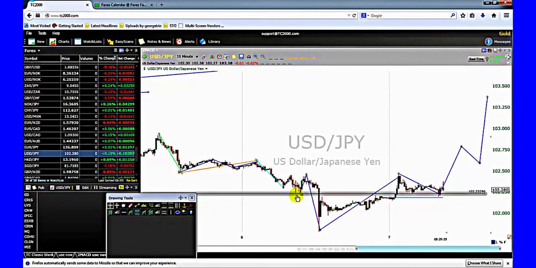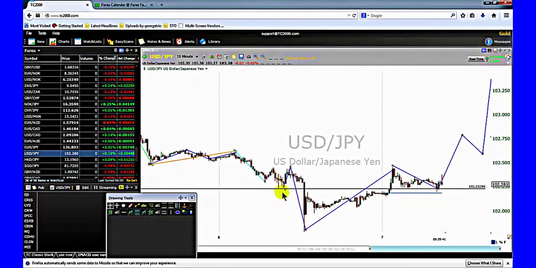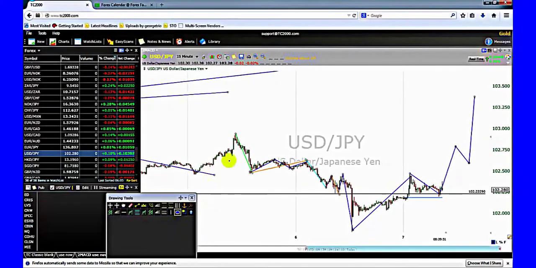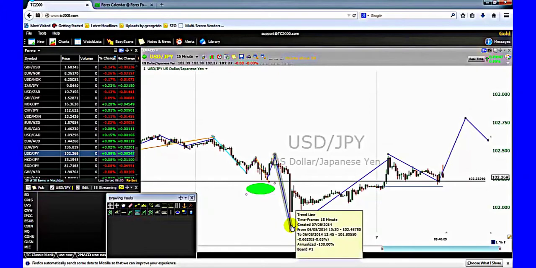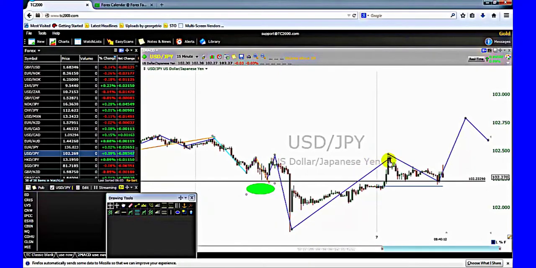Then the price, you can see here, went up a bit like this, and then came back down. The correction has started from this point. So you have 1, 2, 3, 4, 5, and then the correction has started here. 1, 2, 3.